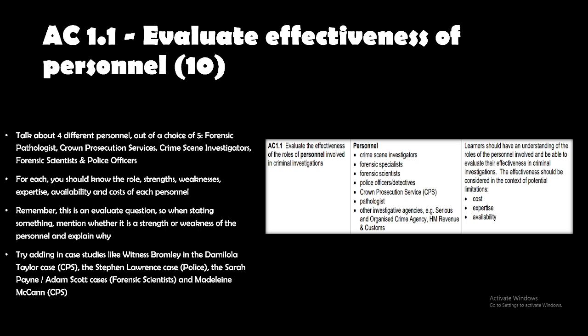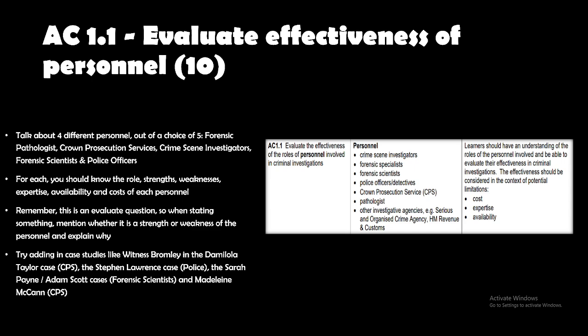So for each you need to know the role, so what the role is. That's a key one. And within that you can talk about the strengths and weaknesses. So also talking about expertise, availability and costs. So if you're doing police officers, you could say a weakness for them is proven institutional racism.